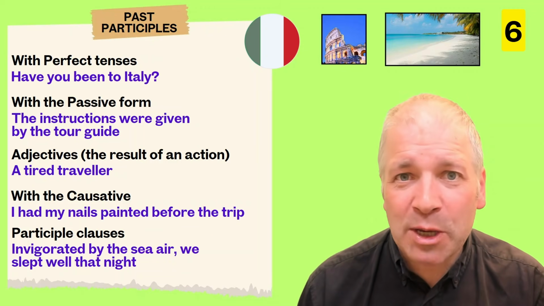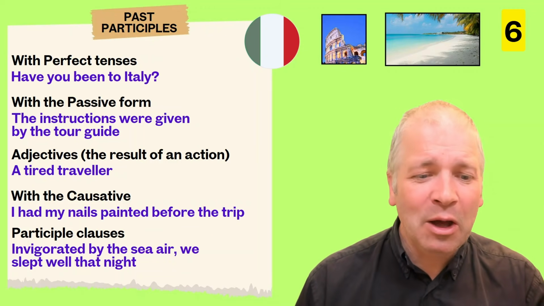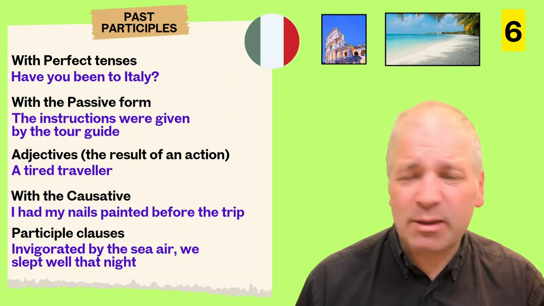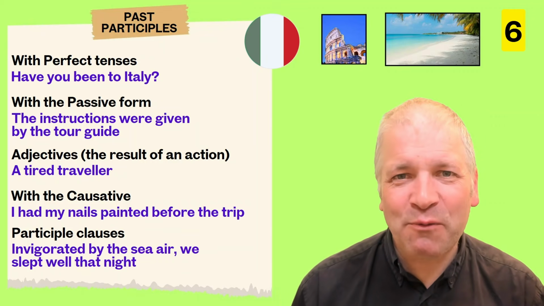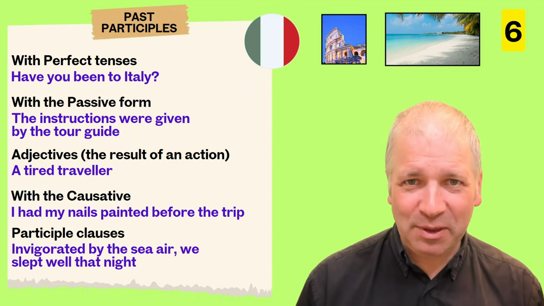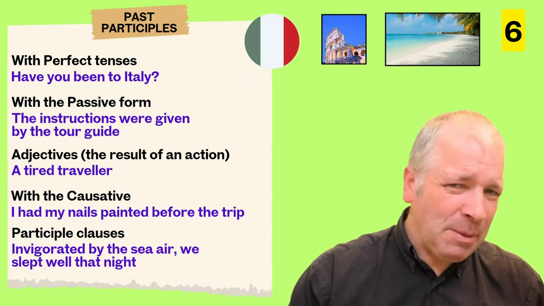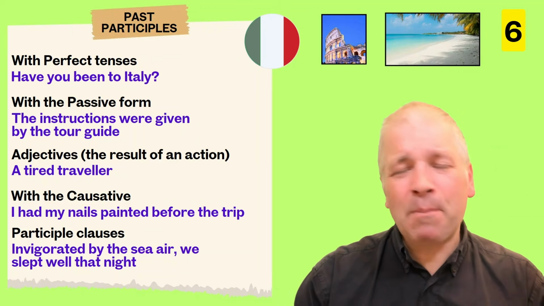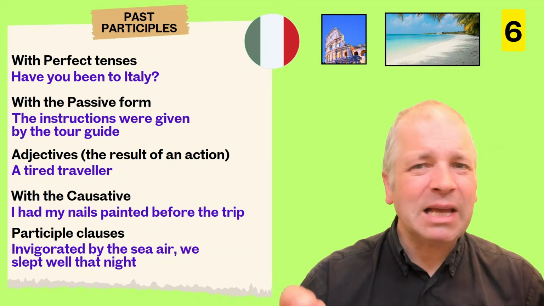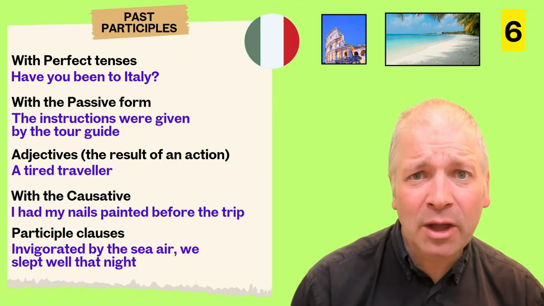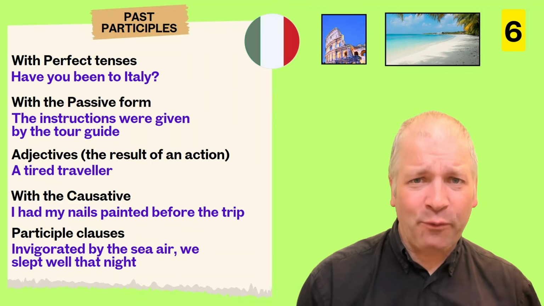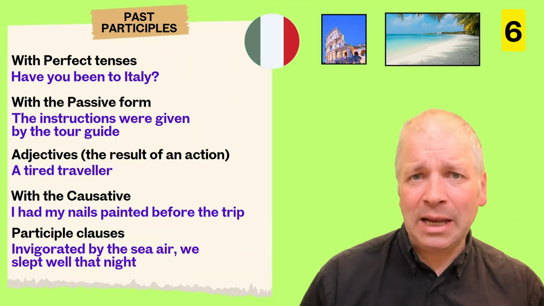There's lots of other reasons why we use past participle clauses or what we call participle phrases sometimes, but you'll need to read my 1500 grammar rules explained. Some people say participle clauses, some people say participle phrases. It doesn't matter. What it means is that you're using a participle to form a short phrase that goes before the main clause.